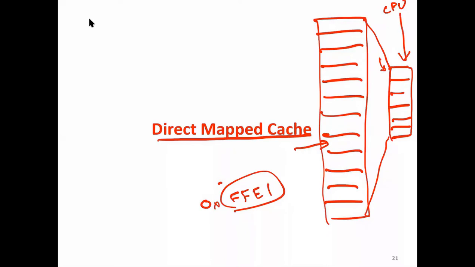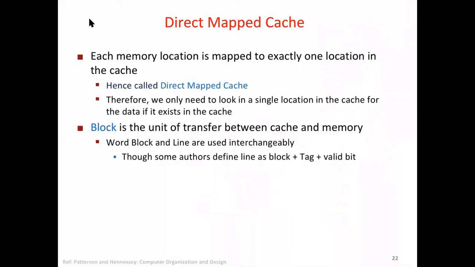It means that if this block is available here, then the CPU can check whether it's available here or not. So there must be some mapping, and the simplest possible mapping is direct mapped cache. I have taken a large number of examples to give you this concept.